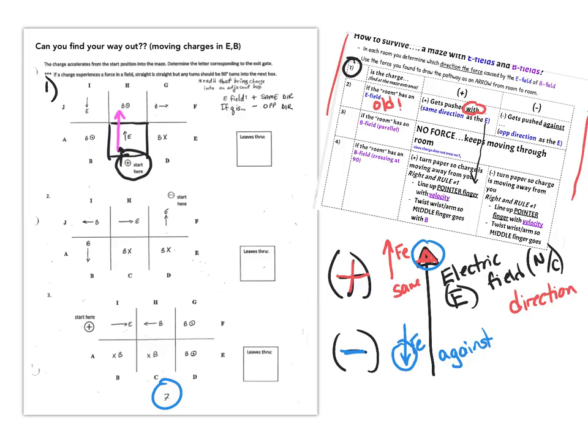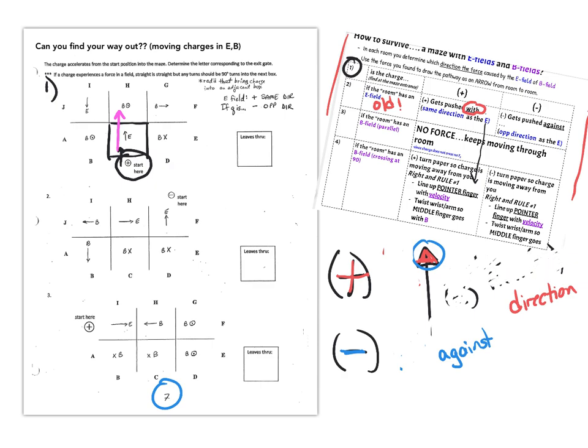So now, depending on your awareness and maybe attendance to certain topics before vacation, let's talk about what happens when positives and negatives, instead of interacting with E fields, interact with a magnetic field. So we're going to clean this up a little bit, okay? Okay, I guess I could erase the whole thing.